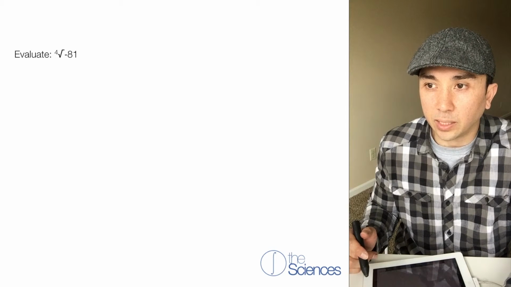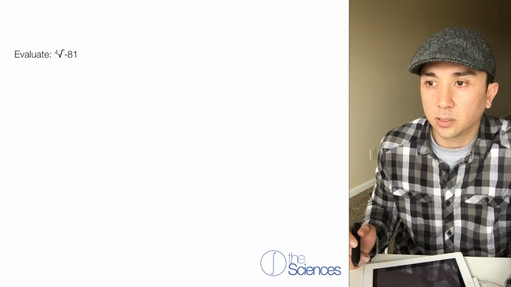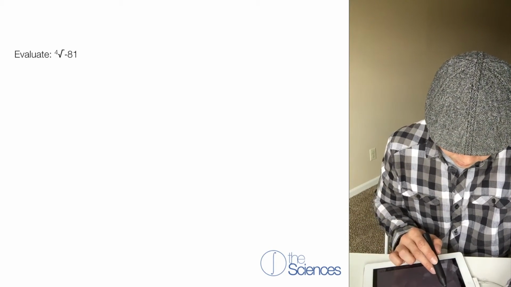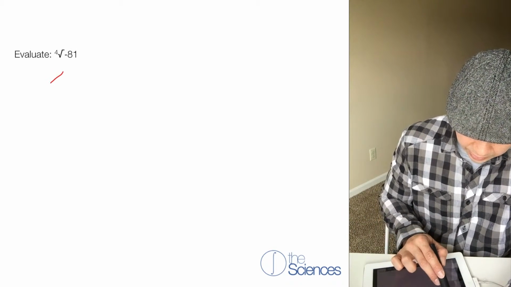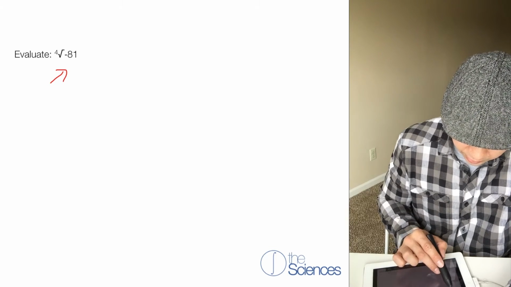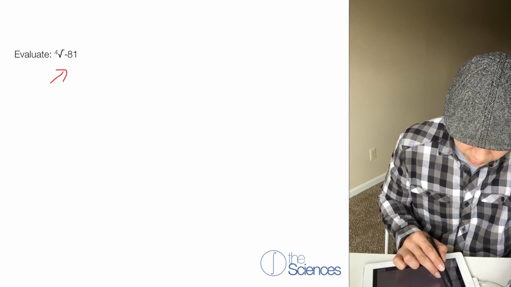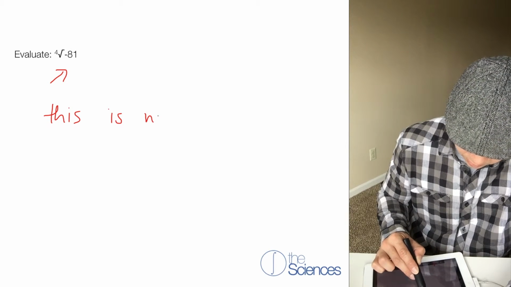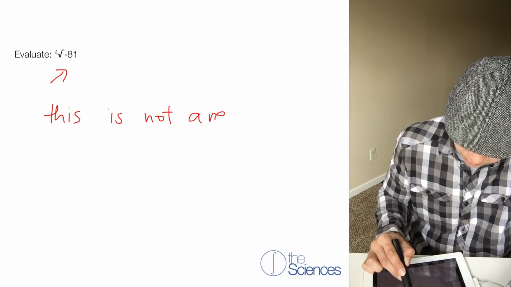Now let's evaluate the fourth root of negative 81. Again, we can't take an even root of a negative number, so this is not a real number.